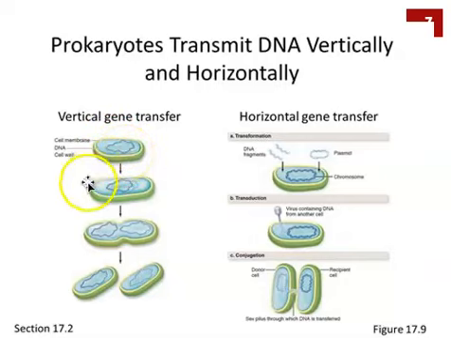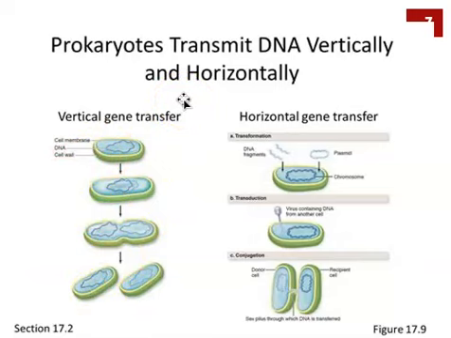Now the parent cell is elongating, it's going through binary fission. And during that process, this DNA molecule has to be replicated, it has to be copied. That elongating parent cell then divides and produces two daughter cells that each have a copy of the DNA molecule. This is classic vertical transmission from parent to offspring, from one generation to the next.